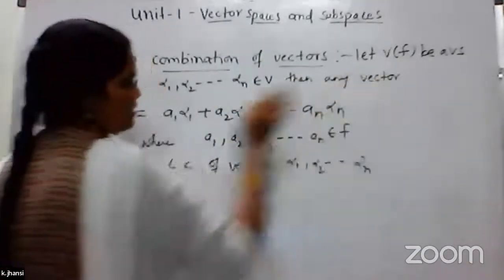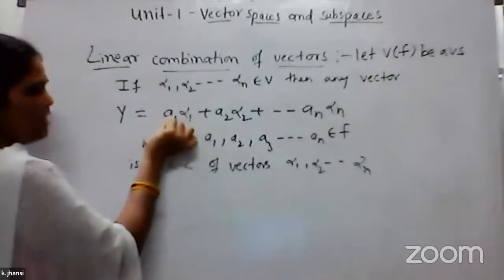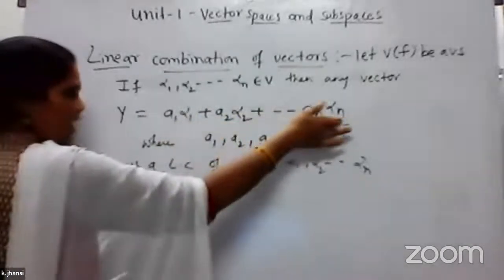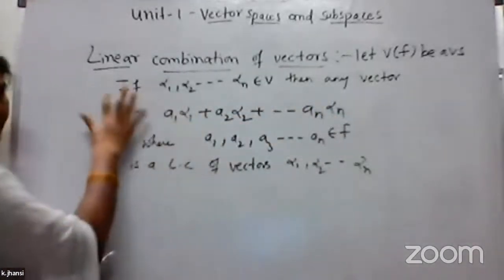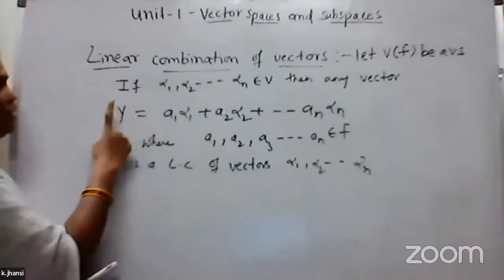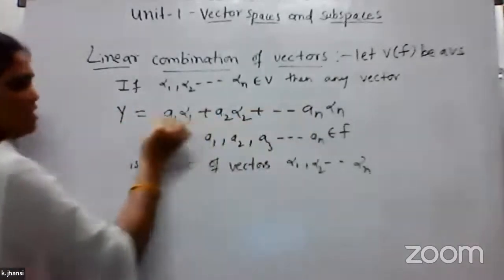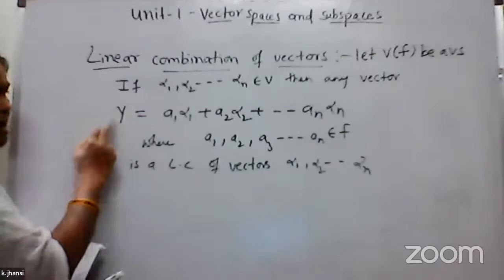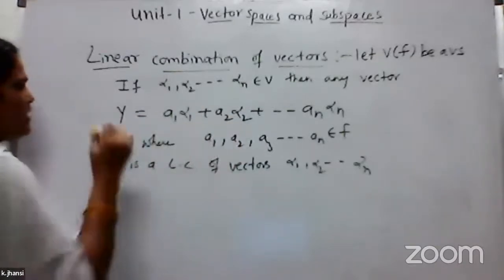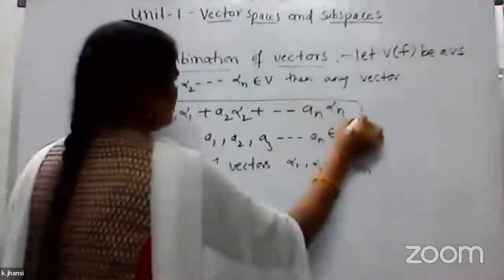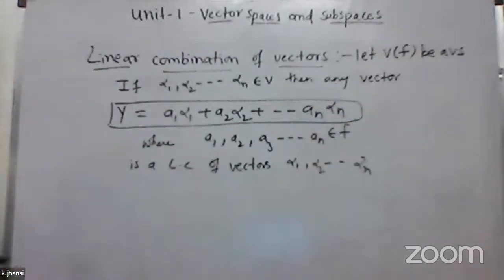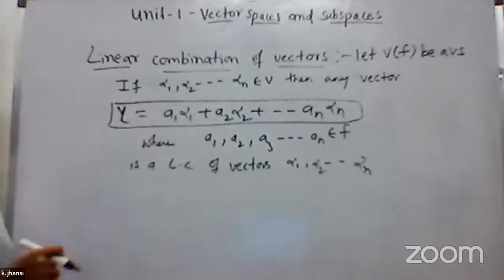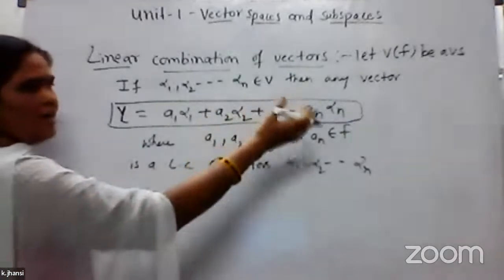Then any vector, which is the combination of scalar and vector, scalar and vector, written as another set gamma, is the representation of linear combination of vectors: gamma equals a1 alpha 1 plus a2 alpha 2 up till an alpha n.